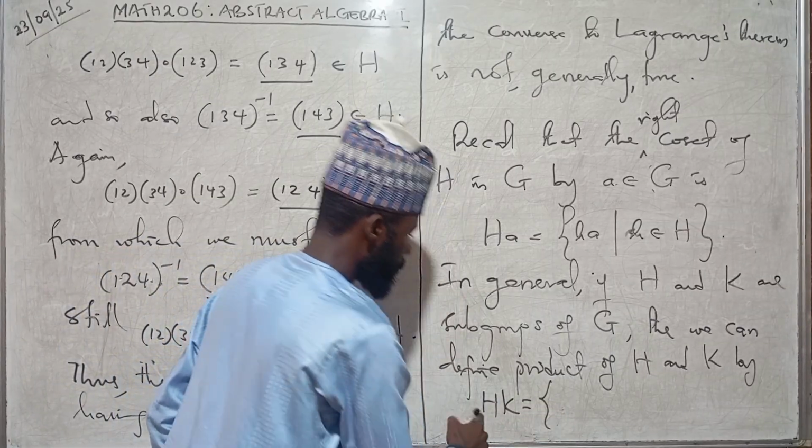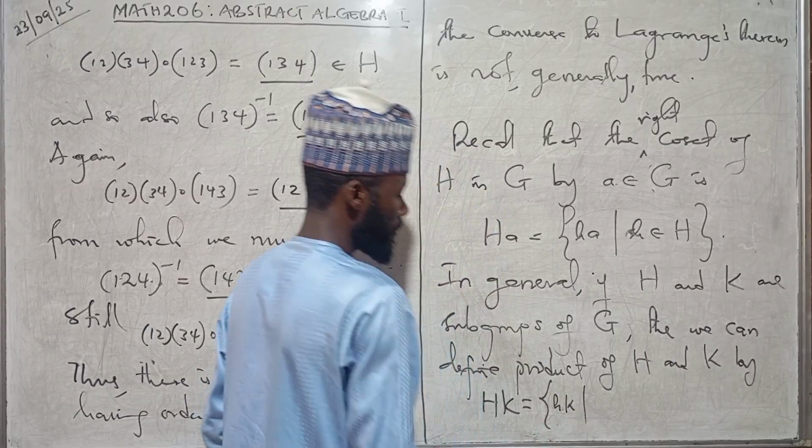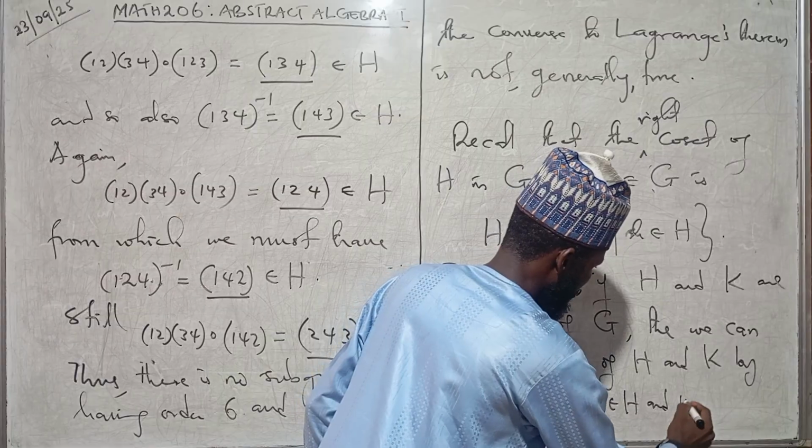It will be the set of all hk such that h is in H and k is in K.